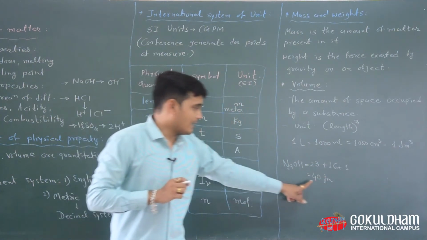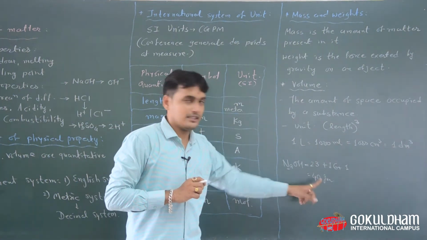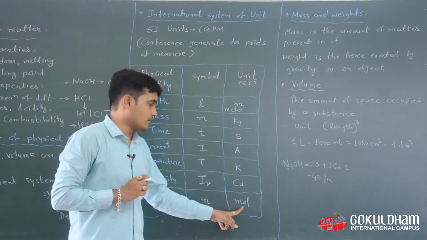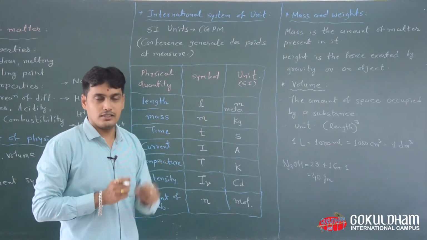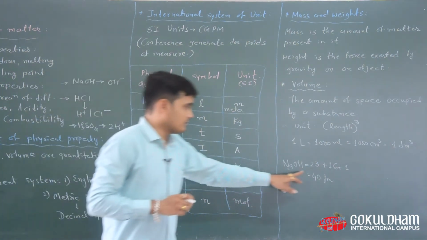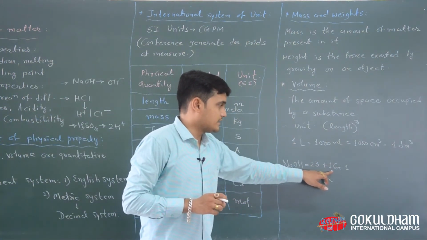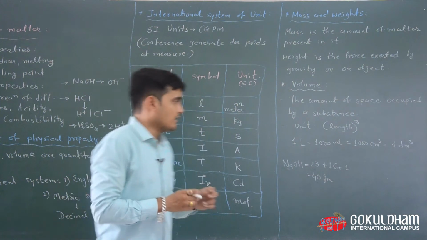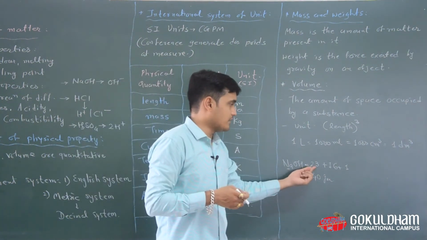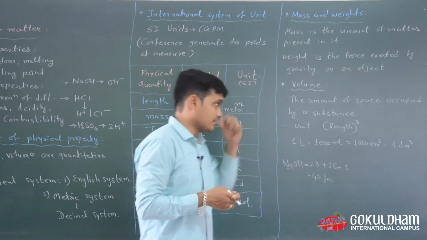When I add 40 grams in 1000 ml of water, it means 1 mole is added into 1000 ml of water. What is the meaning of 23, 16 and 1? We will discuss in further lectures. You have to remember these atomic weights after the theory.